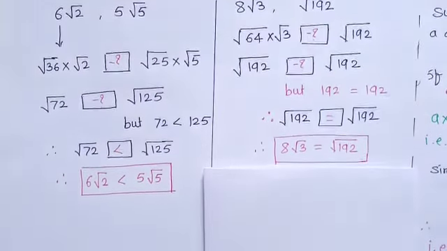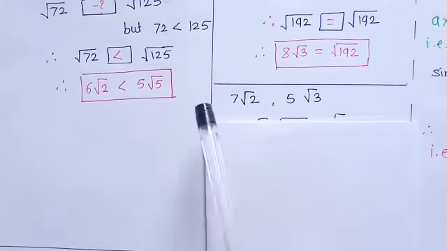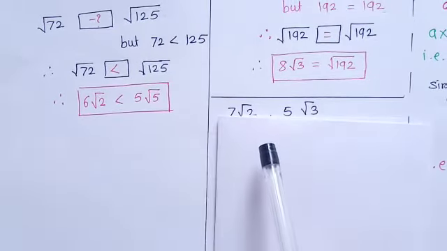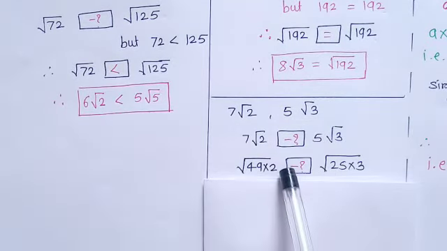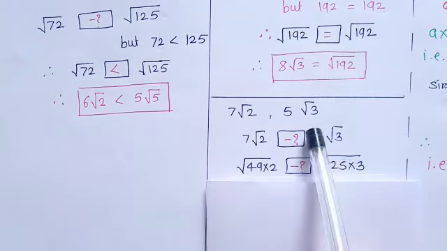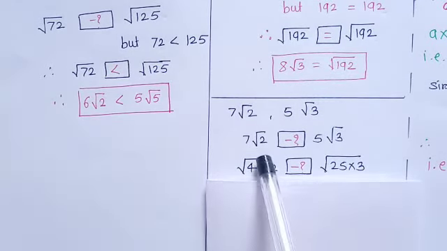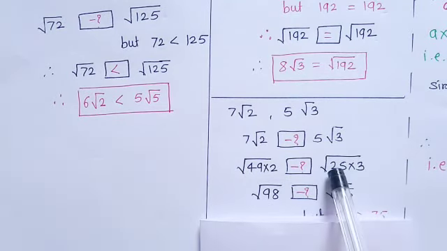Now the next example we will see is 7 root 2 and 5 root 3. So 7 root 2 can be written as root of 49 multiplied by 2, and 5 root 3 can be written as root of 25 multiplied by 3. So 49 multiplied by 2 is root of 98, and 25 multiplied by 3 is 75.